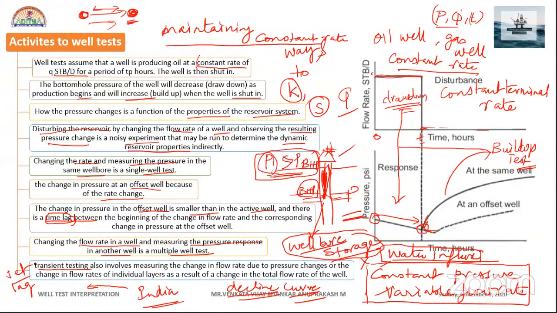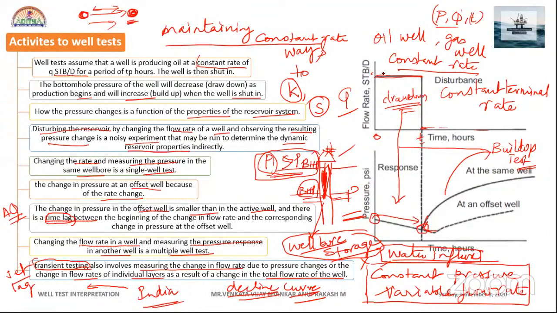So why can't we name it as a new term, that is called transient testing? So this involves measuring the change in flow rate. When you talk about the change in flow rate, delta Q, due to the pressure changes, or changes in flow rate of an individual layer as a result of change in the total flow rate of the well.